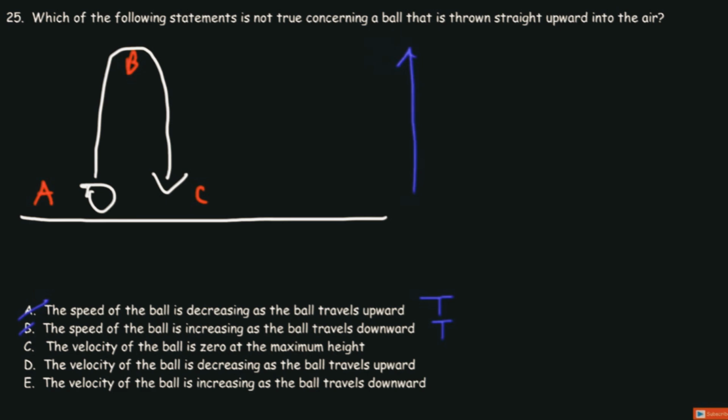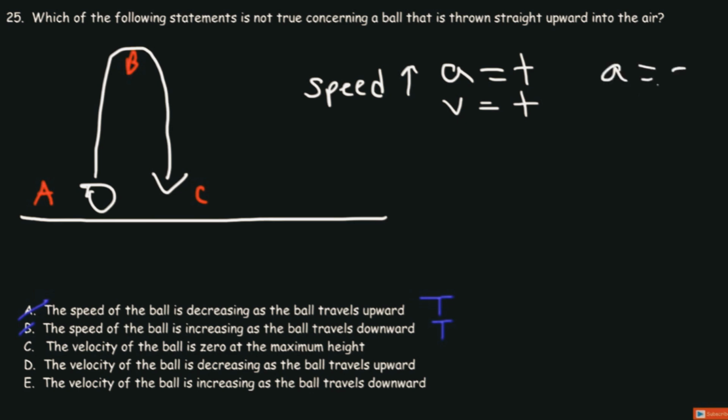But let's understand why. Whenever the acceleration and the velocity vectors have the same sign, that is, if they are pointing in the same direction, the object will speed up. So if the acceleration and velocity are both positive, or both negative, the speed will increase.